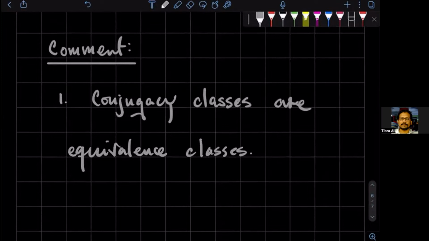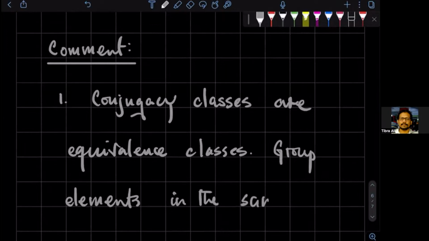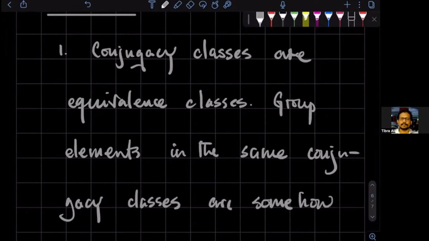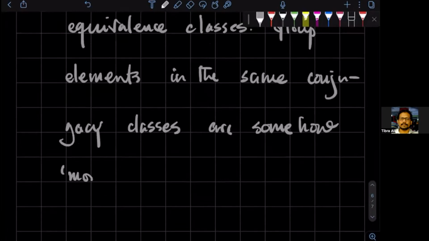The name suggests that group elements in the same conjugacy classes are somehow, morally equivalent, right? Meaning that they, in some sense, do the same job. So what does this mean?